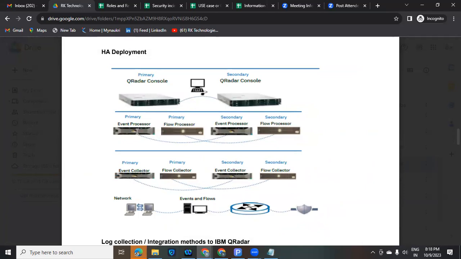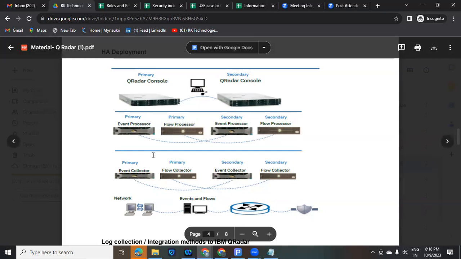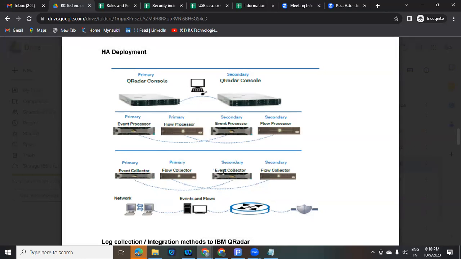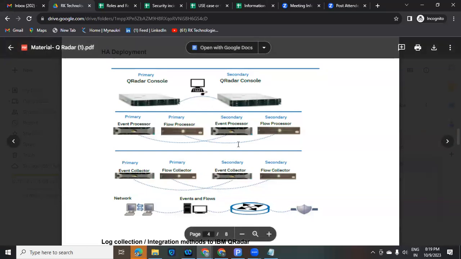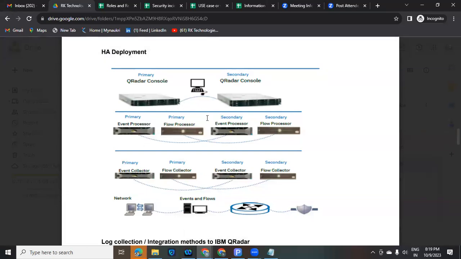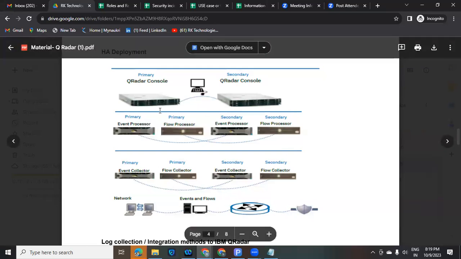So event processor and flow processor on the primary device side. In a similar way, event processor and flow processor on the secondary device side or backup side. Finally, event collector and flow collector once again on the primary device side, and event collector and flow collector on the backup side. So this technology is called as, anyone? What is the overall topology called?